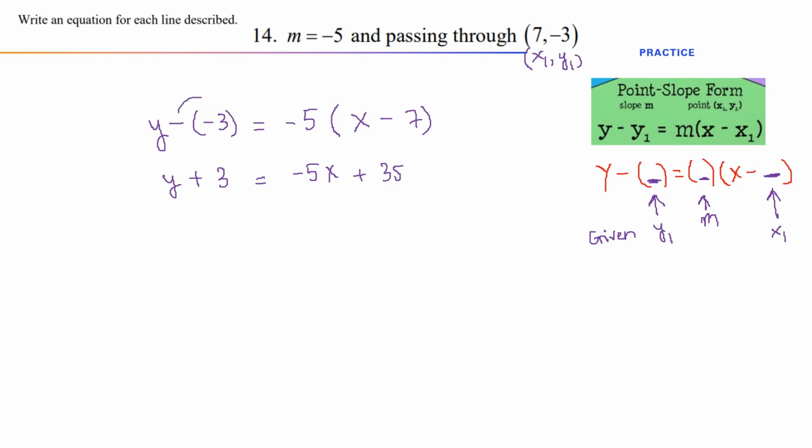Remember that negative times negative makes positive, and negative times positive is negative. So we subtract 3 from both sides. We will have y equals negative 5x plus 32.